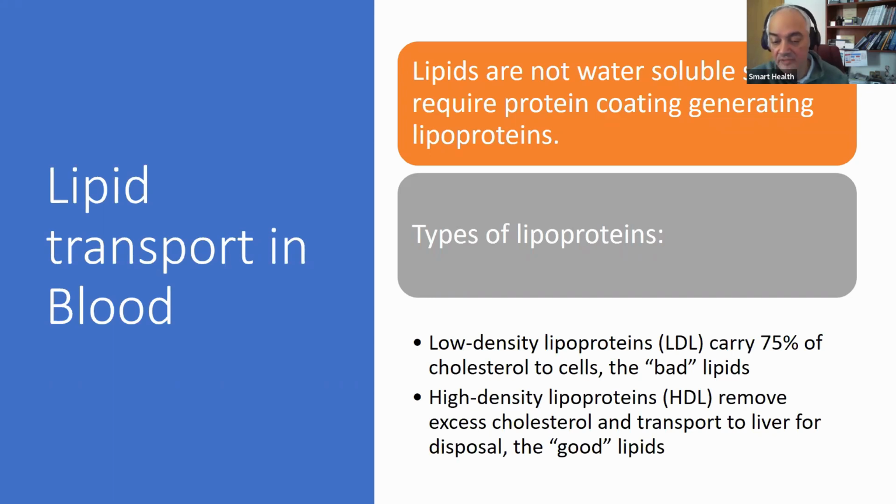High density lipoproteins have a lot of proteins with the lipids, so it's a lipid-protein mixture, but with more proteins in it. High density is important because it removes cholesterol from the blood and transports it to the liver for disposal, for waste. So this is what we call the good lipoproteins. The balance between LDL and HDL is extremely important.